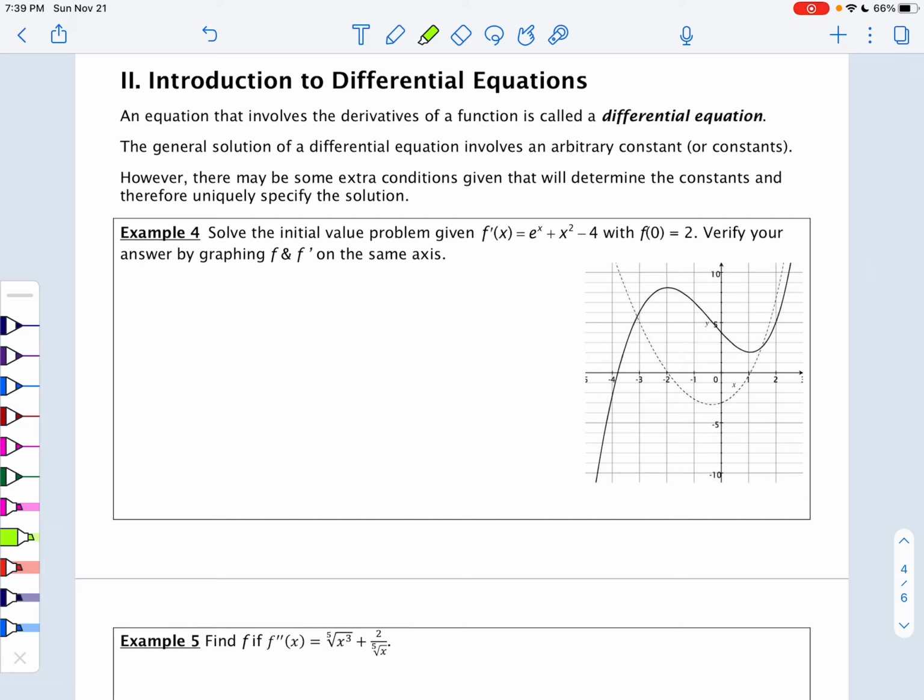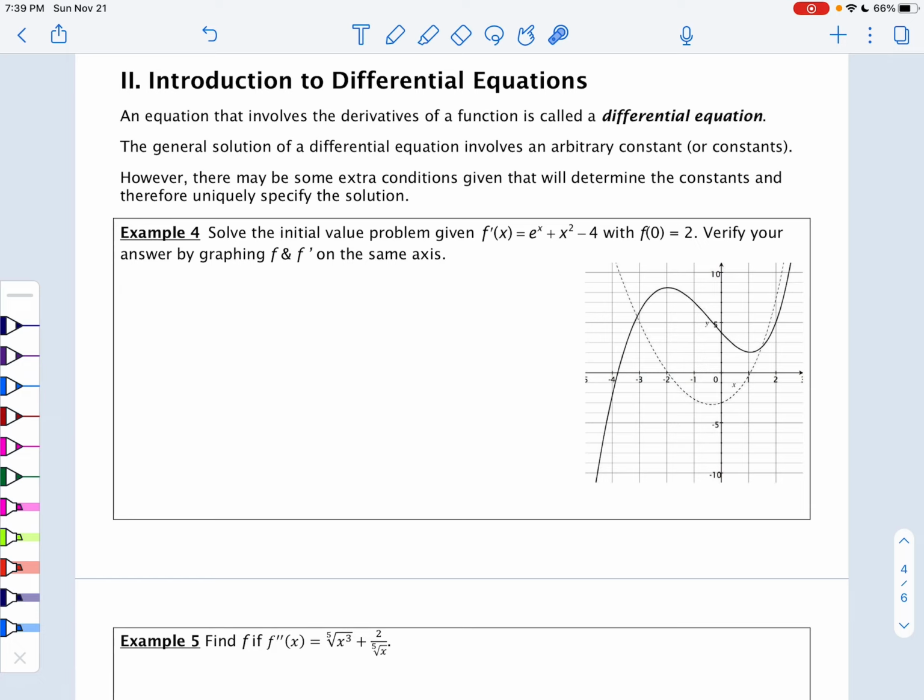And so the initial value problem is your first introduction to differential equations, where you are given like an f prime of x equal to a function, and then you're given an initial value. So we can find the solution to that differential equation, and the solution to a differential equation is the function itself. So remember, a differential equation is an equation that involves the derivatives of a function and the function itself, or maybe not.